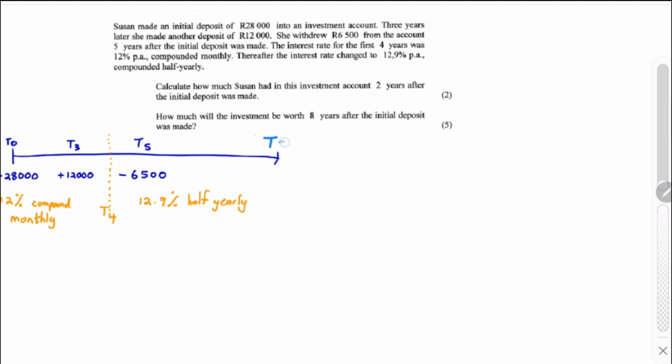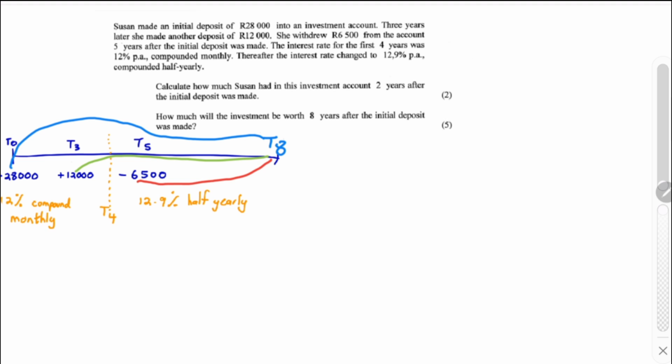So this money will be there, the savings account will be for 8 years after the initial deposit was made. Remember, we will treat each amount individually. So we'll take the 28,000 and then we'll compound it all the way to T8. And then we'll also take the 12,000 rand, we'll compound it all the way to T8. And then the 6,500 rands that was withdrawn, we'll also compound that all the way to T8.